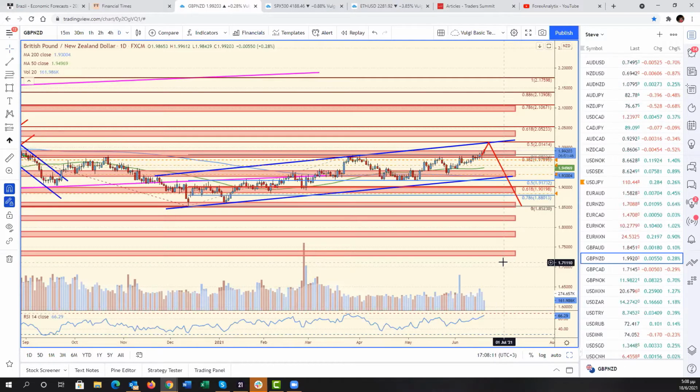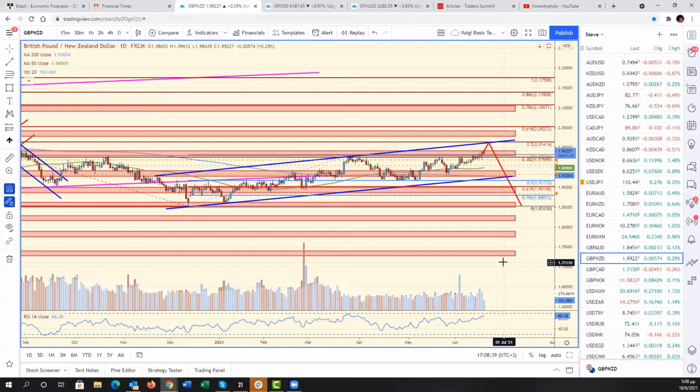And that would also point to a corrective move lower in risk assets rather than an impulsive move lower in risk assets, because we know how nicely inversely correlated these crosses are to risk assets like the S&P, the DAX, and so forth. So I don't think you want to chase opportunities in the FX world.